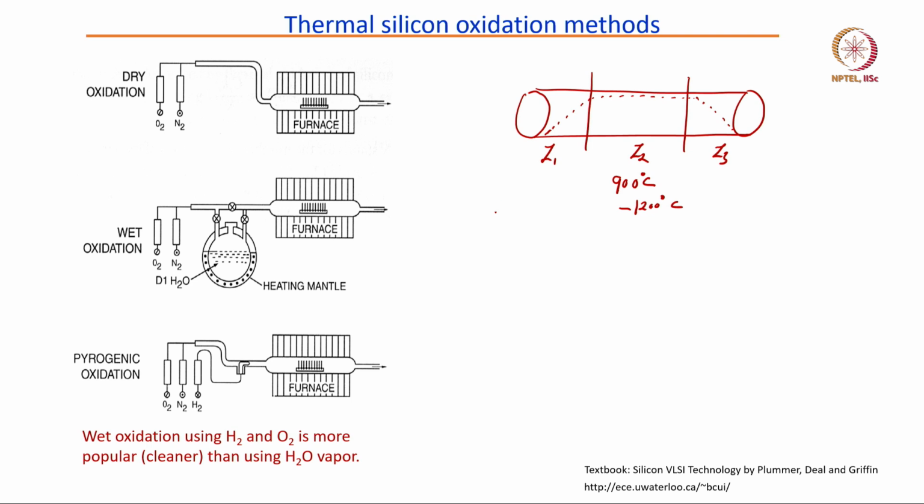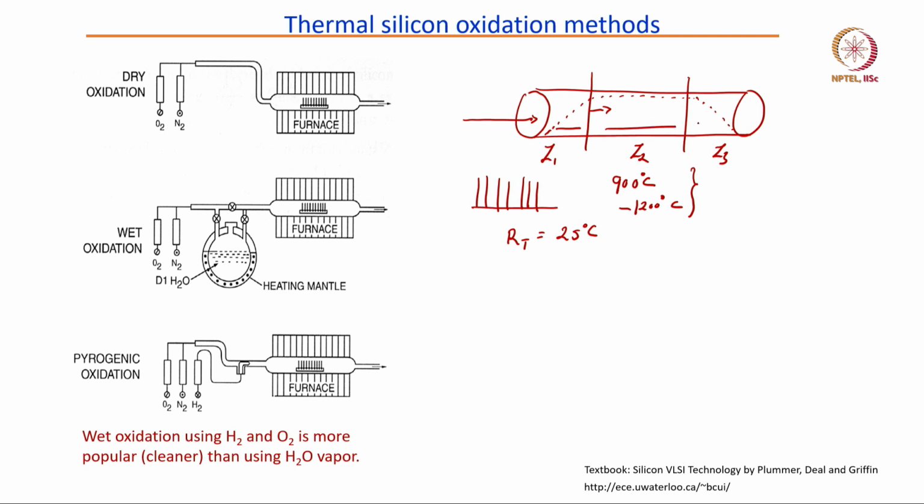The reason being, when we take the silicon wafers and load them into the chamber, the silicon wafers are at room temperature, which is approximately 25 degree centigrade. From 25 degree centigrade, suddenly you expose it to 900 to 1200 degree centigrade, there is a lot of thermal expansion. To reduce that, we first heat it at zone 1, we keep it for some time, then we move to zone 2.